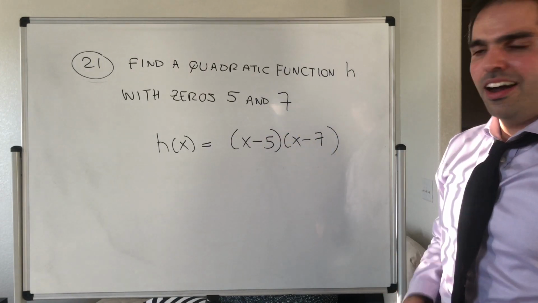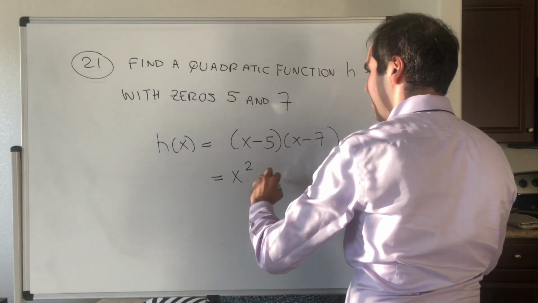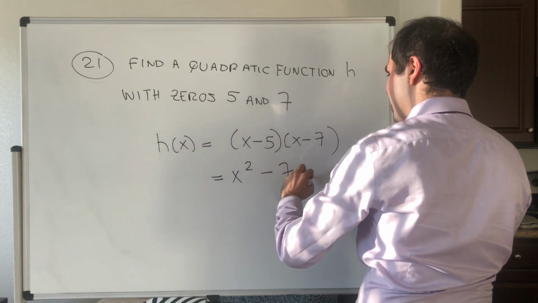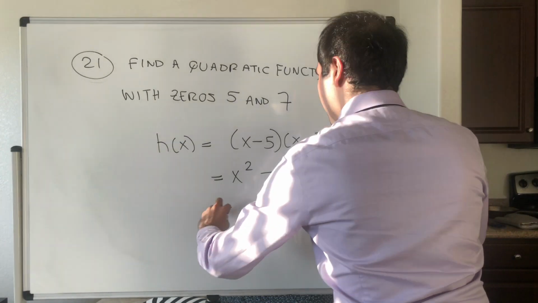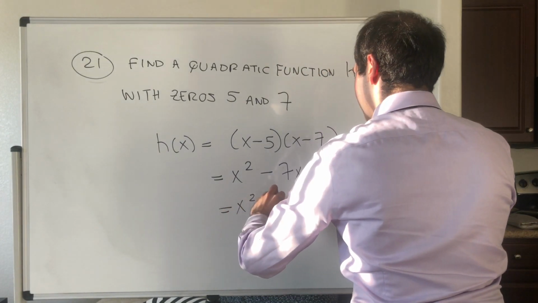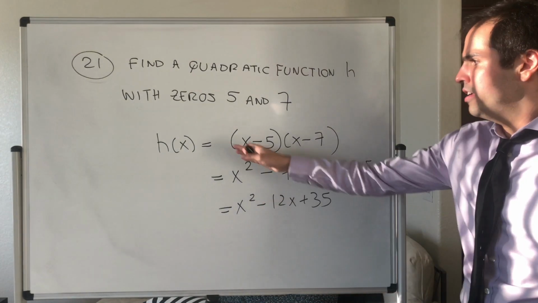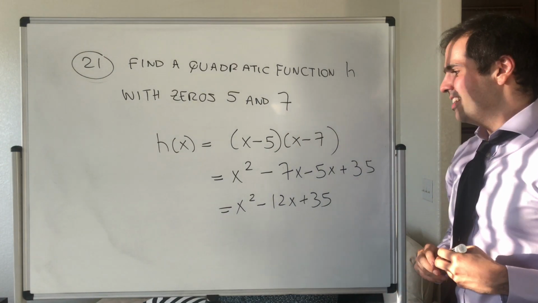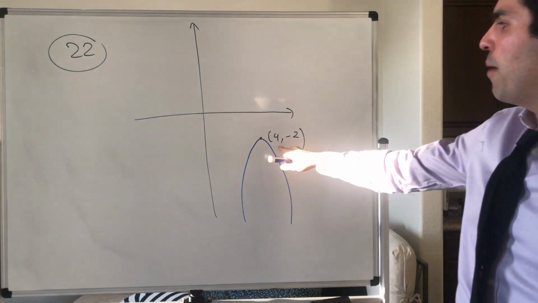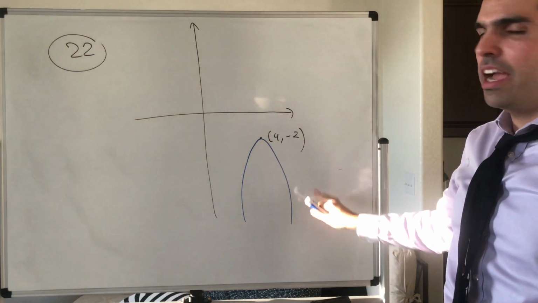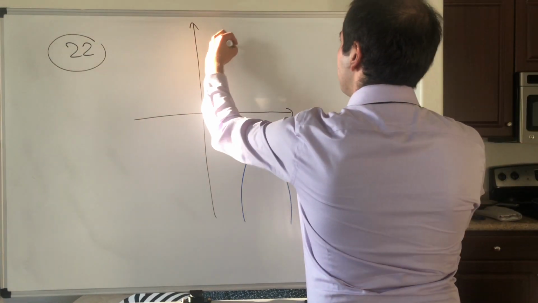I wonder if they ask you to expand it out, but you could FOIL it out to get x squared minus 7x minus 5x plus 35, and that would give you x squared minus 12x plus 35. That would work, or any number you can also put here. That's fine. All right, next question. So you have this parabola with vertex (4, minus 2), and all we need to do is to find the domain and the range.